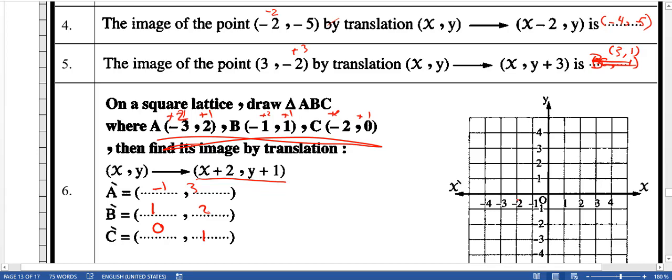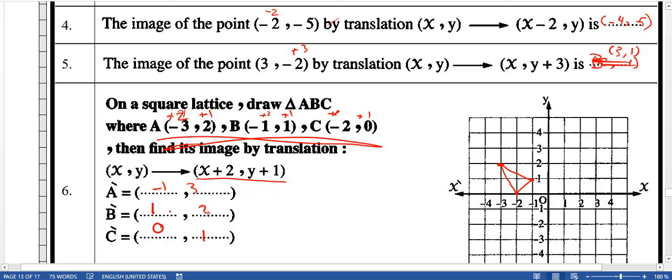Negative 3 and 2 here, negative 1 1, negative 3 and 2 here, negative 1 1, and after that -2 0 here, a match.